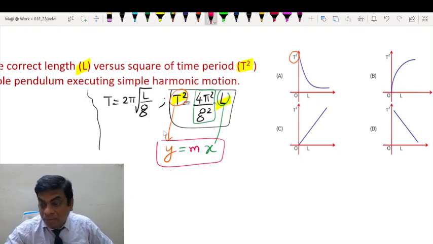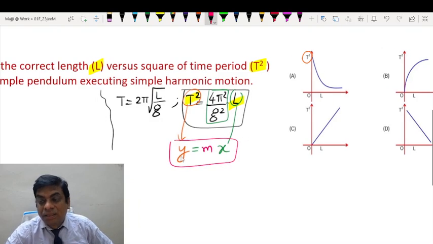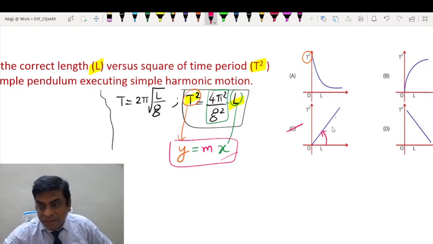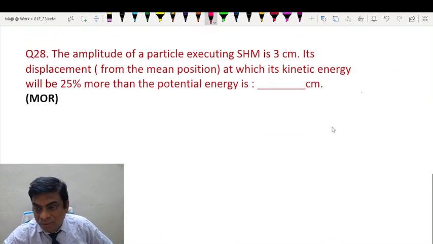Now from your knowledge of coordinate geometry, we all know that this is an equation of a straight line passing through the origin. And also, if slope, that is m, is positive, it should be inclined to the x-axis by some acute angle. So this is the correct option. Equation of a line passing through the origin and inclined to the x-axis. This is a simple rule.